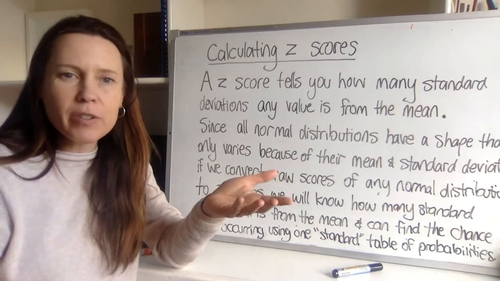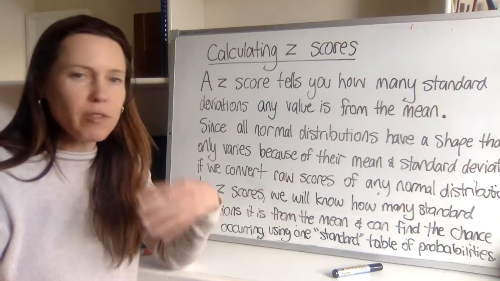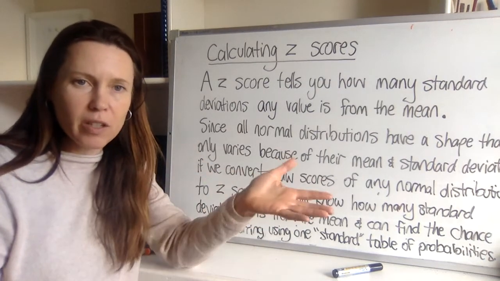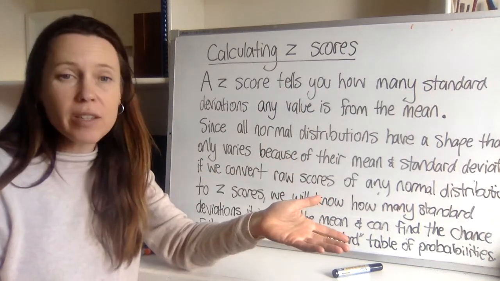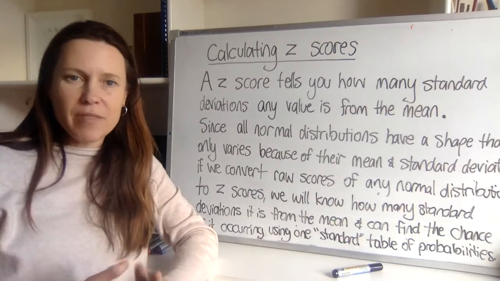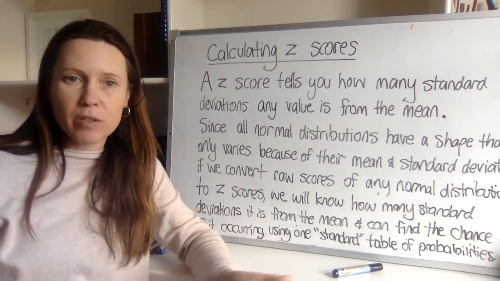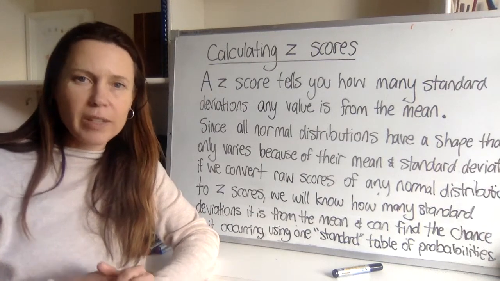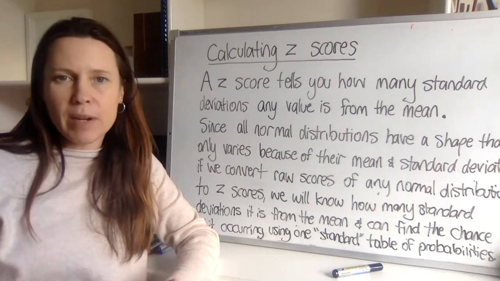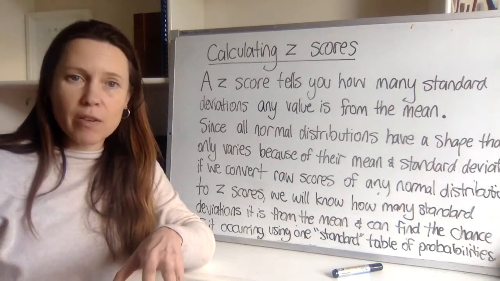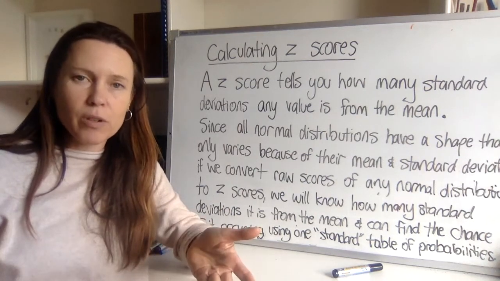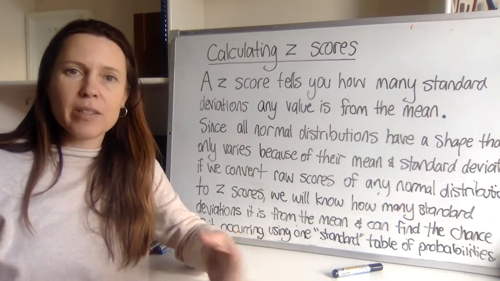So why would we want to do this? Well, it means that instead of doing that difficult integration with lots and lots of different curves, we can just look at it once. Now, even the standard normal distribution is difficult to integrate, and it goes beyond the integration skills that we've learnt in this course. So there's a few ways around that. You can either use statistical software that calculates the areas for you, or what we're going to do is the old-fashioned way.